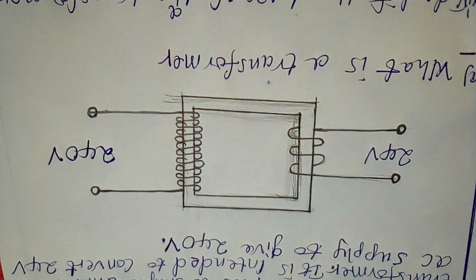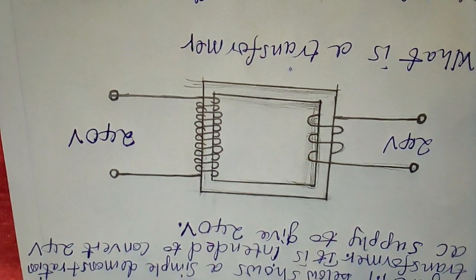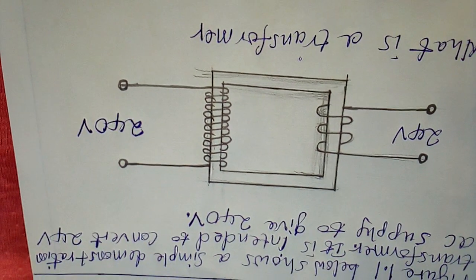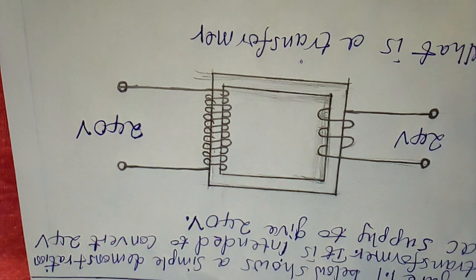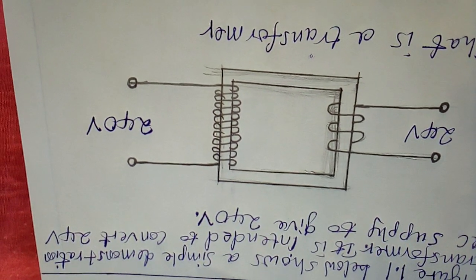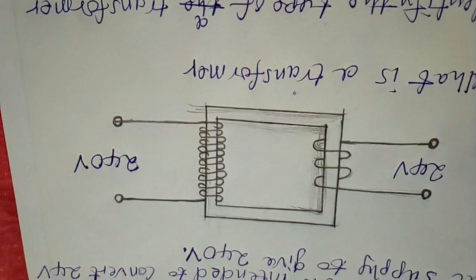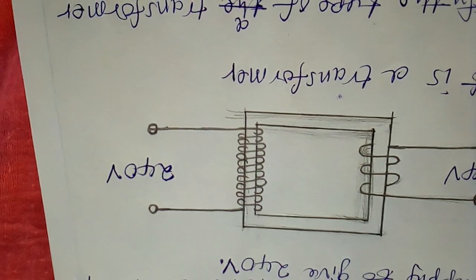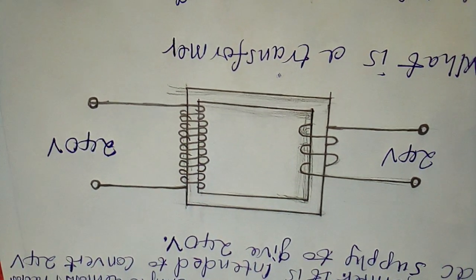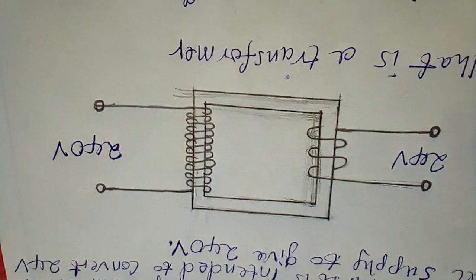We have got 24 volts and they are just 1, 2, 3 turns. But on the other side there are more turns. Have you seen? On this side there are fewer turns, but on the other side there are more turns.